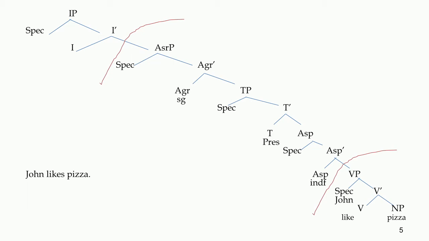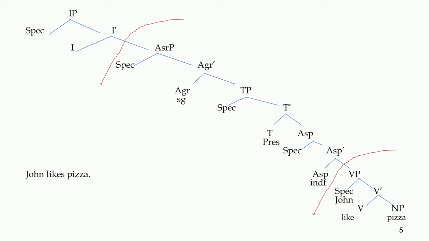That notion has to be captured, and then under the two red lines you see all the elements being expanded which were hosted by I, that is agreement, tense and aspect to begin with.